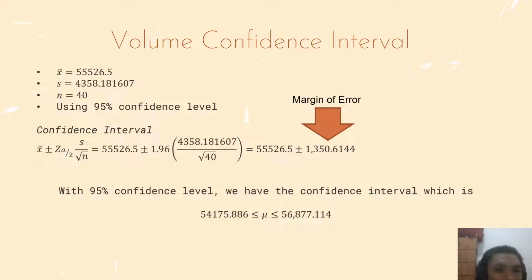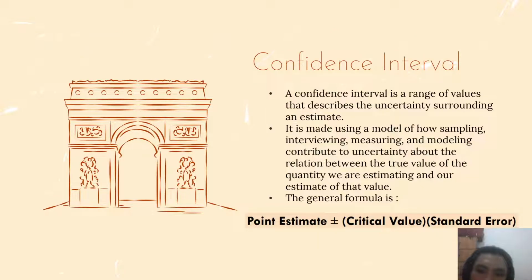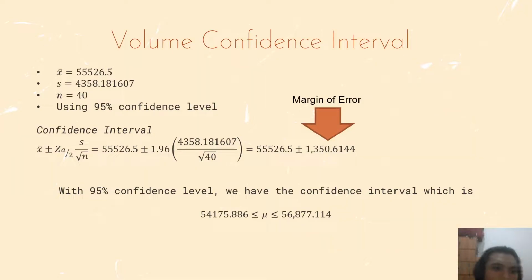So we're going to calculate the confidence interval now using the formula from before, which is the point estimate, add or subtract the critical value and the standard error, and then we do the process.